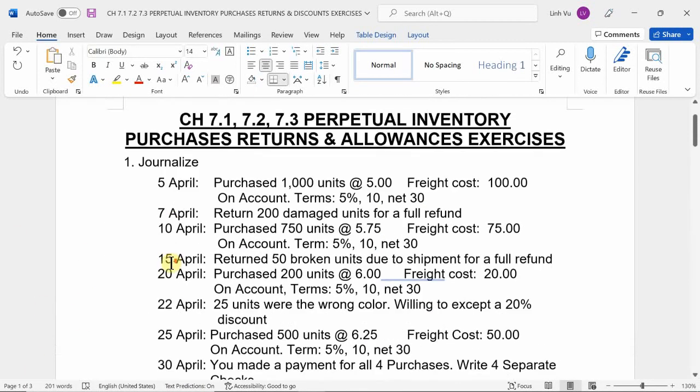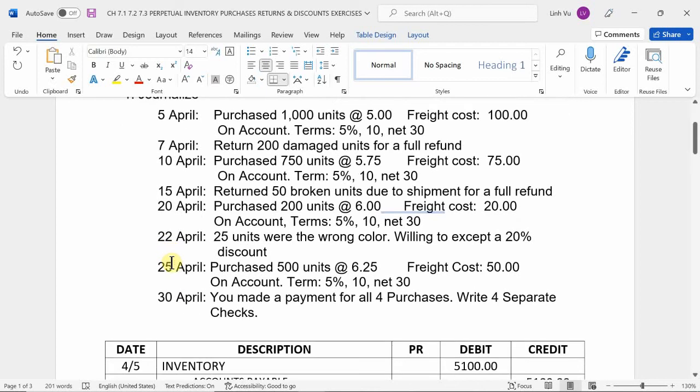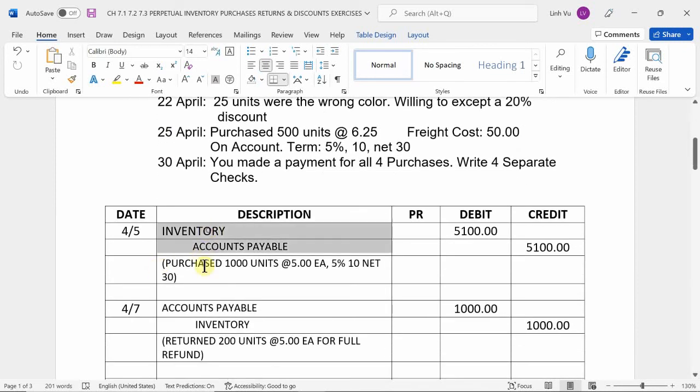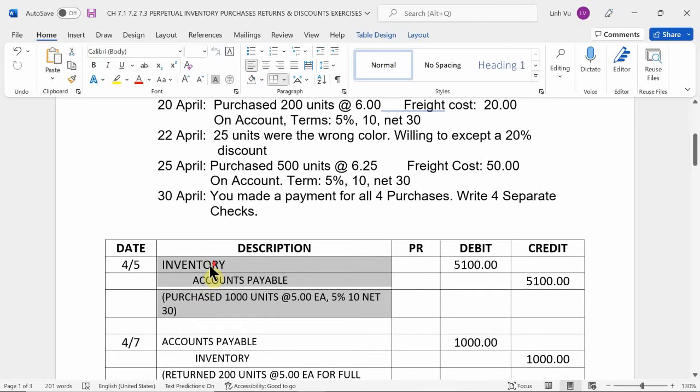So then let's see here. April 20th, we end up purchasing 200 units at $6 each with a freight of 20, right? On an account, terms again were 5%, 10, net 30. Okay, so this time we purchased 200 units at $6 each.